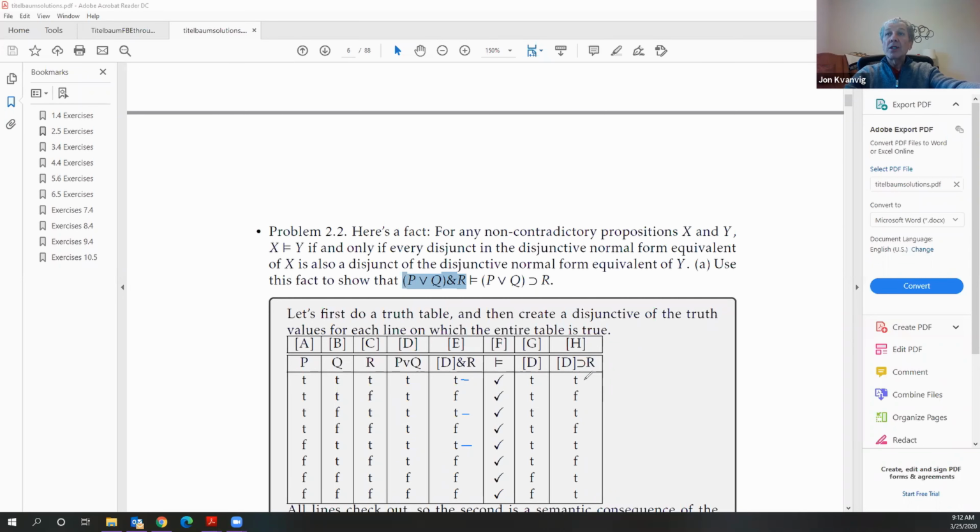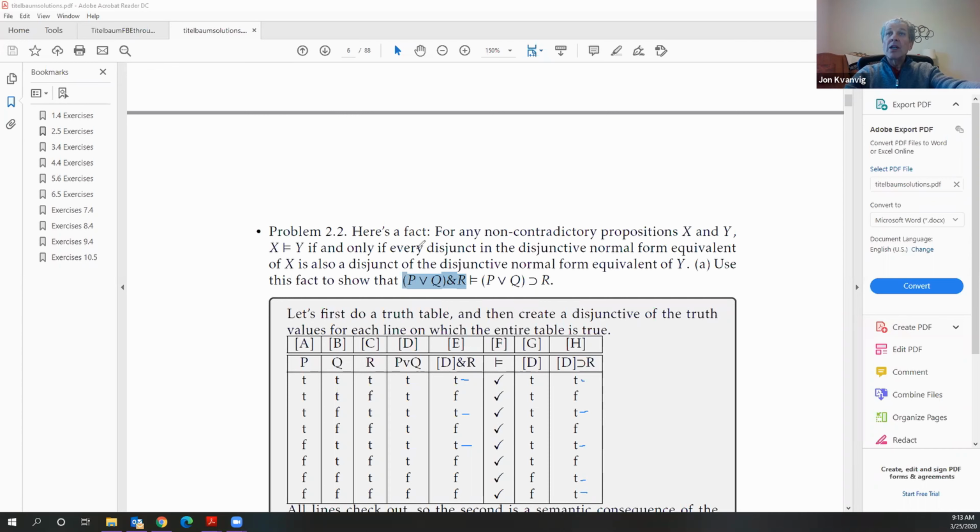And notice, as we saw before, the lines in the disjunctive normal form for the conclusion are 1, 3, 5, 7, and 8.